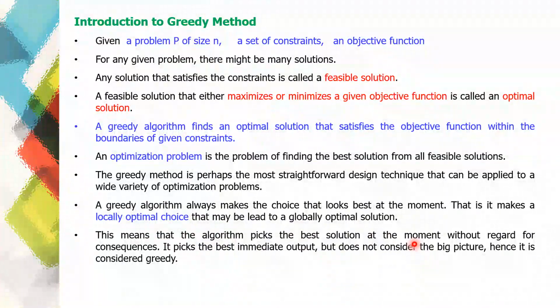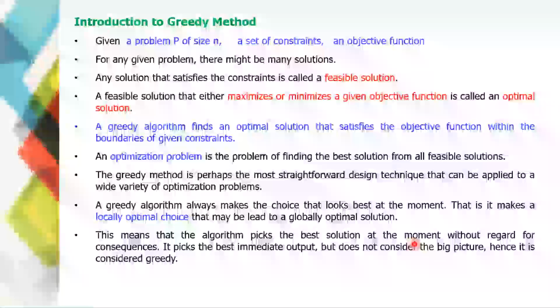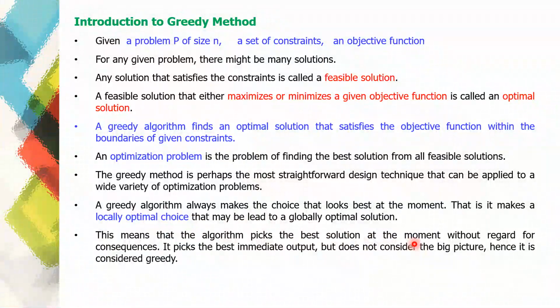At this step, at this stage, I have some solutions, and whichever is the best solution at this step, I'll choose it and go to the next step. After going to the next step, I'll have some choices. Whichever is the best choice at that step, I'll pick it and continue till I find a complete solution. Then I'm going to stop.